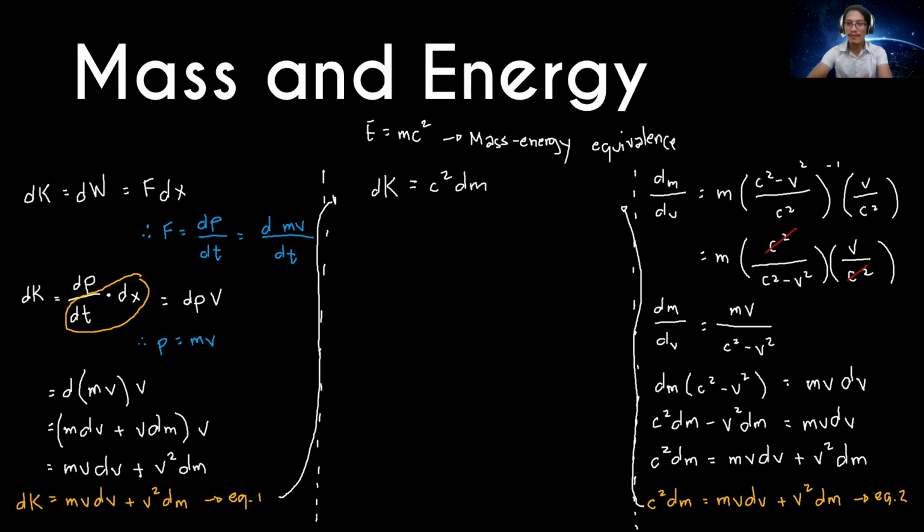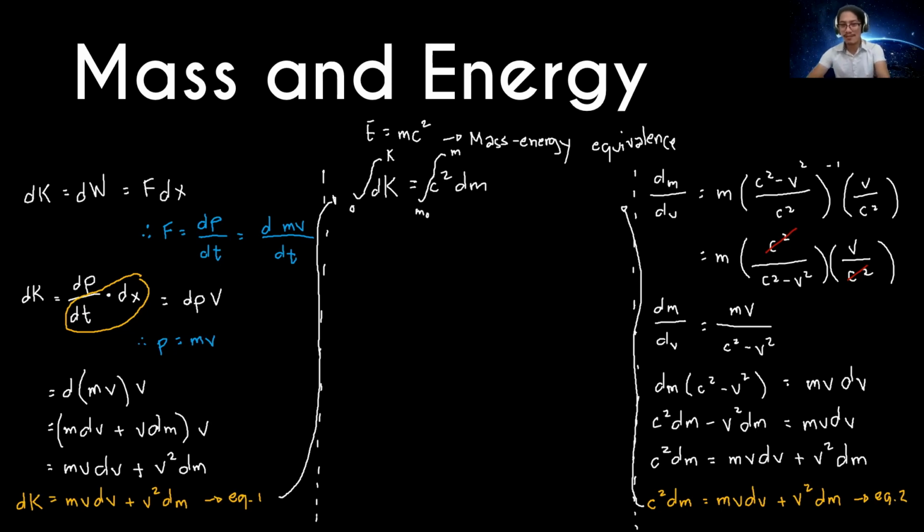So, to attain our final equation, we will use antiderivative or the integral. So, kunin natin yung integral nito na side equation from 0 to kinetic energy. Okay, dito din sa kabila, we'll get the antiderivative from, this is a function of mass. So from the rest mass, m0 to the relativistic mass.